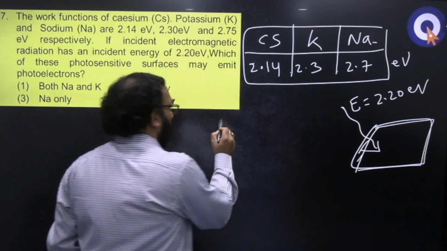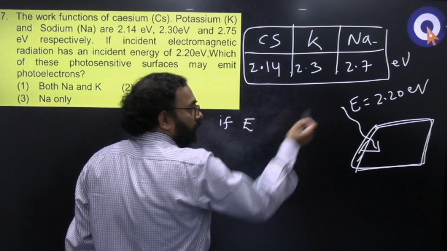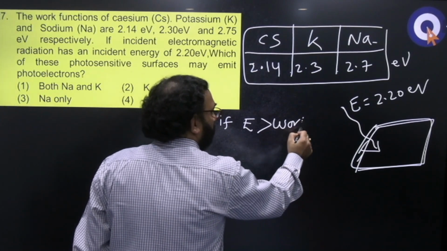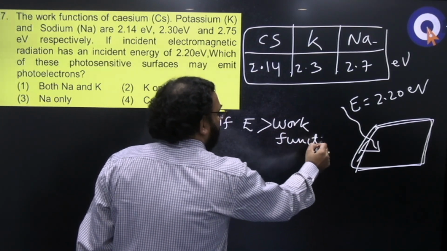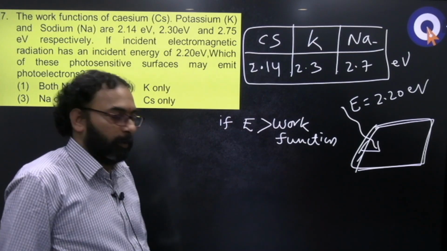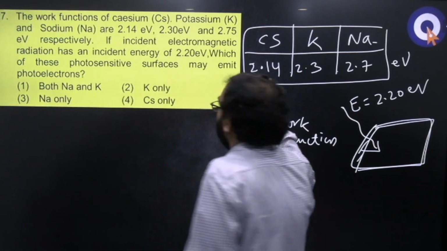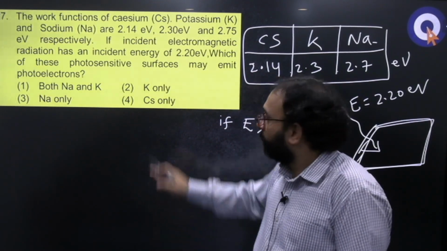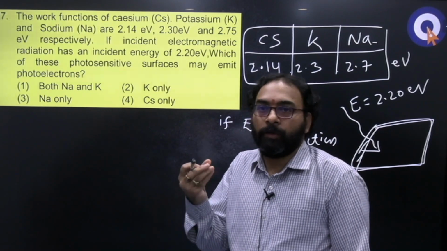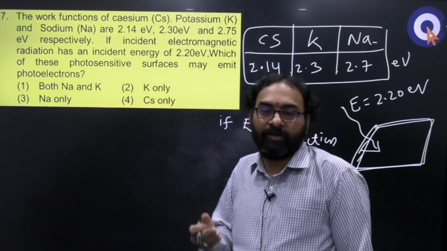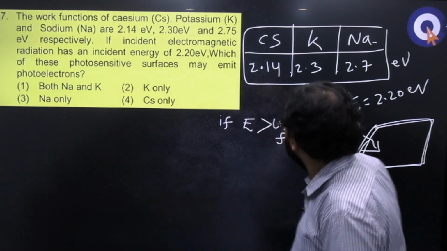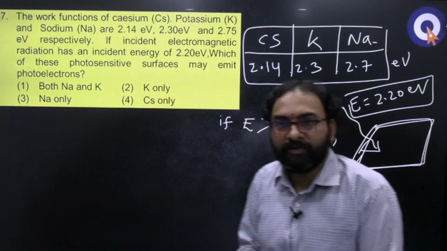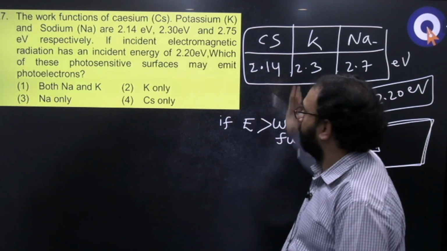Now very clearly the energy falling on the metal plate is compared with these work functions. The concept is, if the energy incident on the metal surface is greater than the work function, then you can expect a photoelectric effect to take place. They asked for which surfaces photoelectrons are emitted, means for which surface the photoelectric effect takes place. Very clear, no need to calculate, anybody can say cesium.